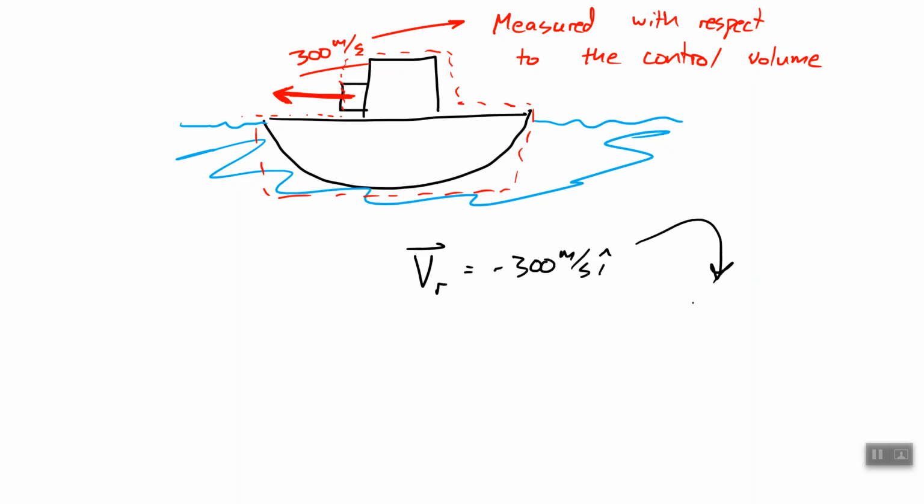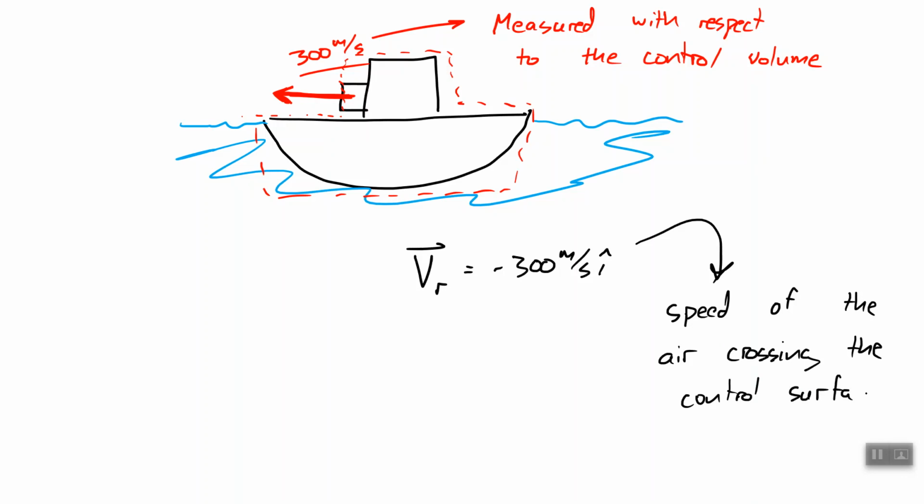In other words, the speed of the air crossing the control volume. Sorry, the control surface being the section of the control volume that the air is passing through. So this is already the relative velocity, right?